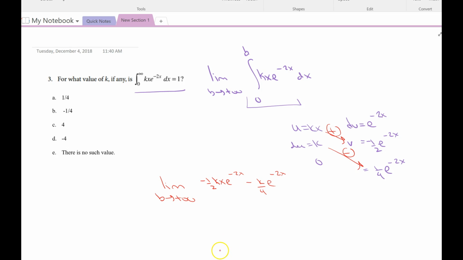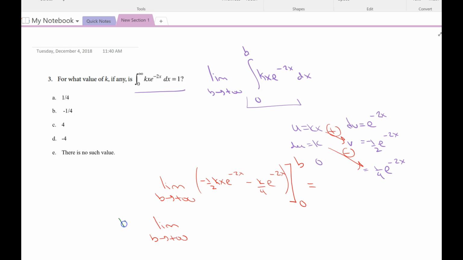Then it becomes a matter of evaluating this integral from 0 to b, and I'm going to be very careful. Come on down with me here. Limit as b approaches positive infinity. I'm going to factor out k over 2, and Walter, this is what I mean, in the end it all works out nicely.